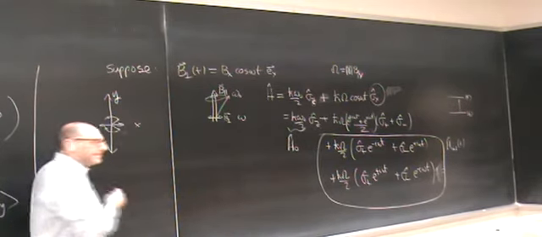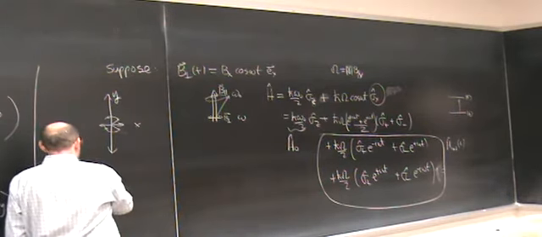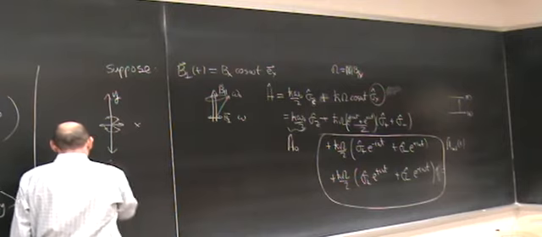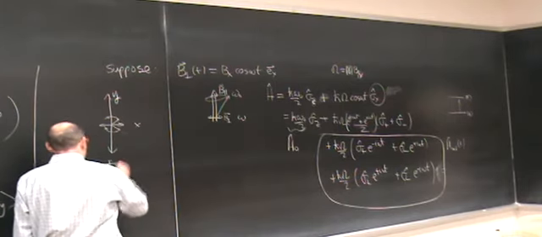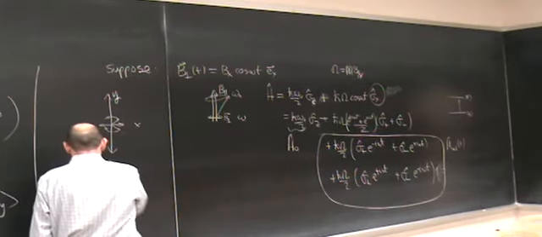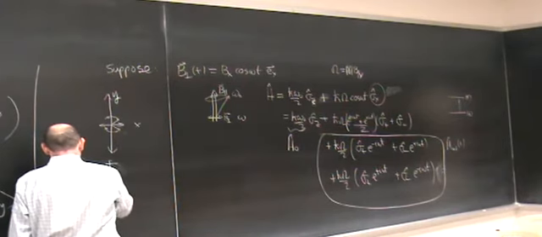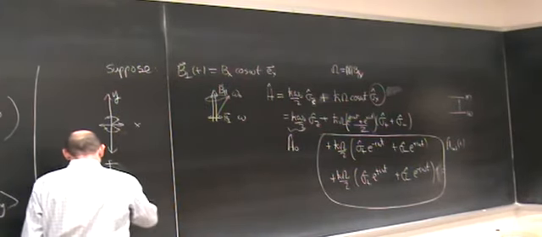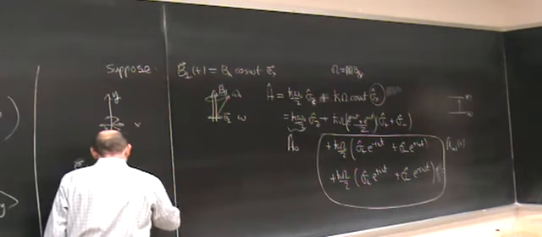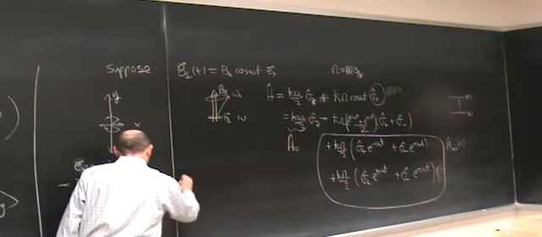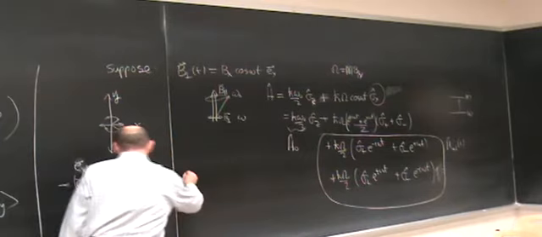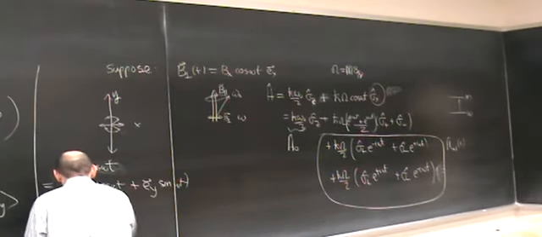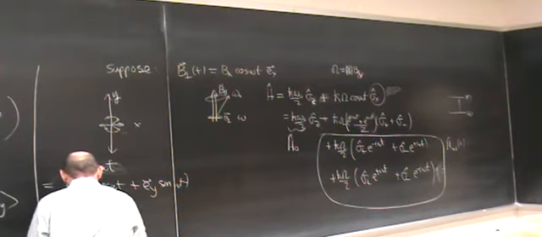So x cos omega t is equal to x cos omega t plus y sine omega t, a half of that and a half of that.